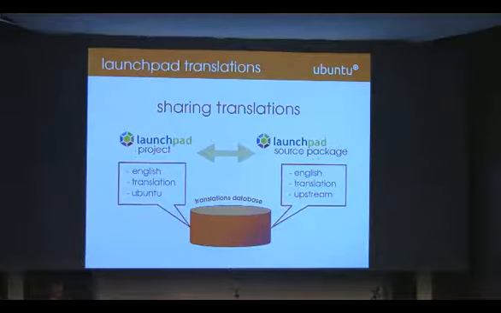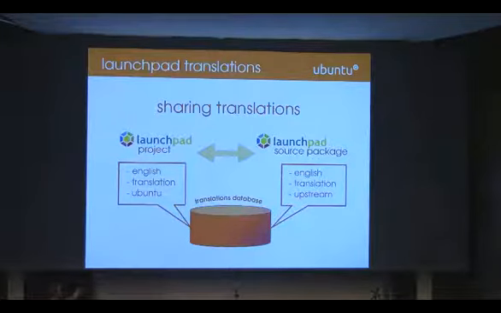And on the other hand, there's the source package which we've been working with so far, and they draw on the same database, so they store the translations in the same database and draw from the same strings. So whenever I do a translation here, I see the same English string on both sides, and I see the translation here, it'll automatically appear here. Now, sometimes there may be differences. For some reason, we are translating something different here.